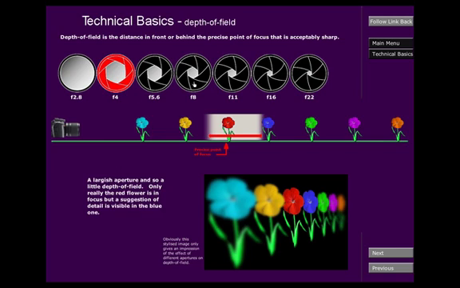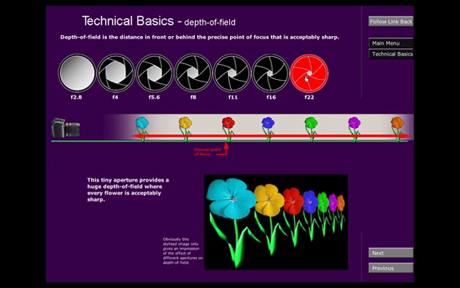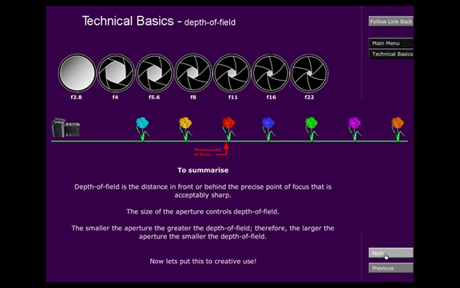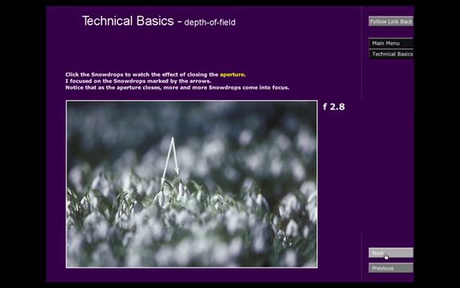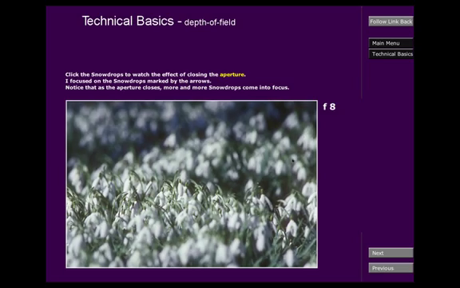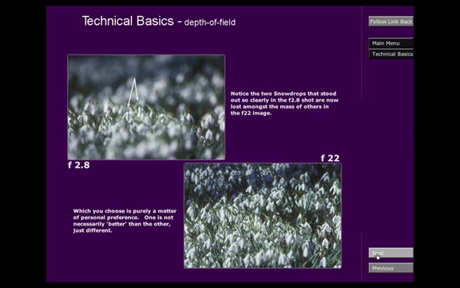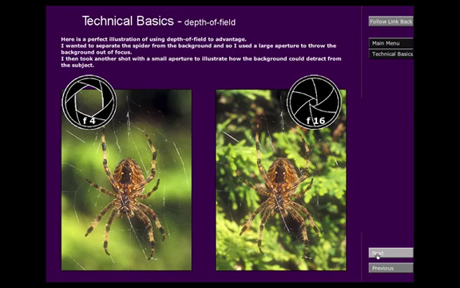You can try, look, I am trying right now many of the different apertures. You can do this and read about it and find out what happens. Then I can summarize it really clearly for you. I can demonstrate it in a practical way where you really put it into practice, and you can say, oh wow, that's what happens when you change the depth of field. So it is very active, and it demonstrates things in a way that is so easy to understand, even for people that are not technically minded.